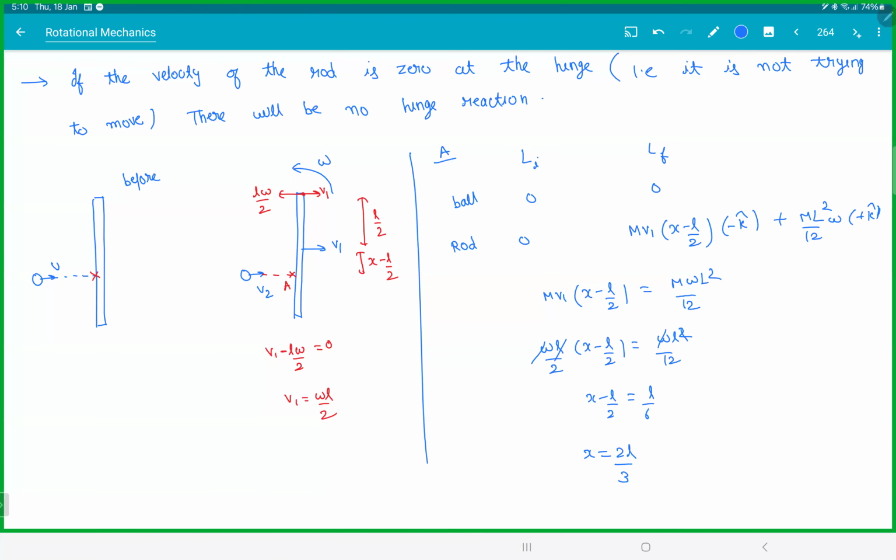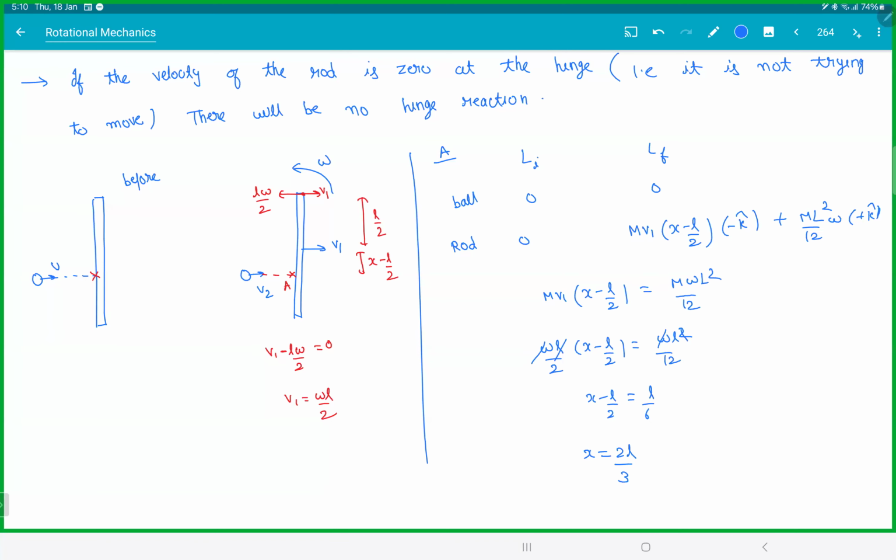Check out the steps. Clear with this? Everyone got this problem?